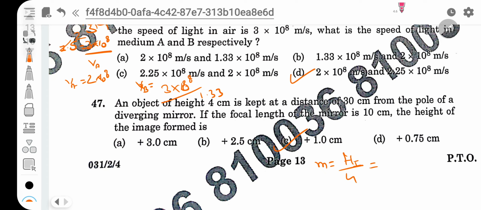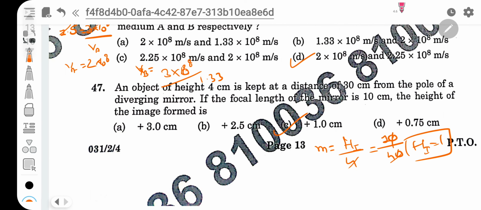We have been given the focal length and the object distance, so F upon F plus U, that is 10 upon 40, so 1 by 4. HI will be equal to 1.